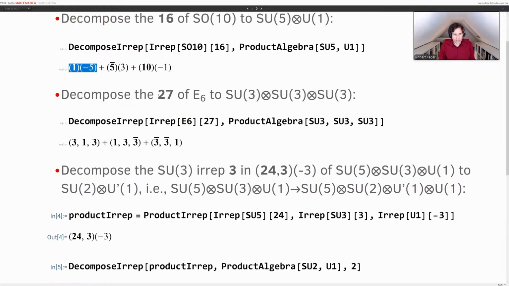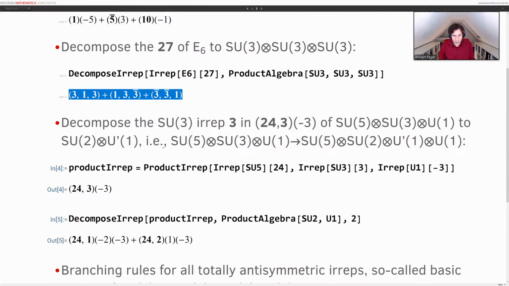Here's how to decompose the 27 of E6 to SU3 cross SU3 cross SU3, which is this here. And this is a more complicated example: we have a product irrep, which is the 24 of SU5, the 3 of SU3, and a U1 charge, which is already there.